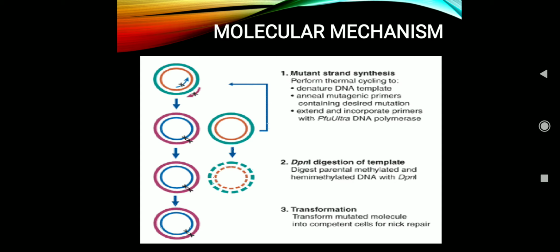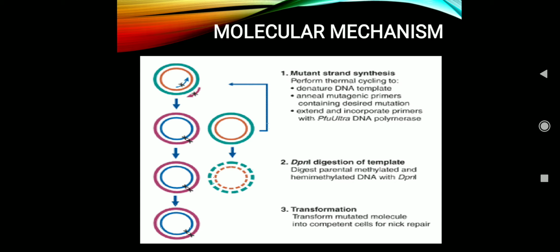After this, we are going to purify these two DNA, the parental DNA and the mutated DNA, and add DpnI to it. DpnI is a restriction enzyme that will identify the methylated adenine. Where is the methylation present?